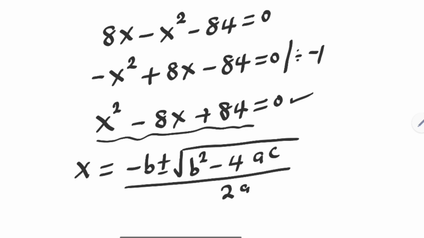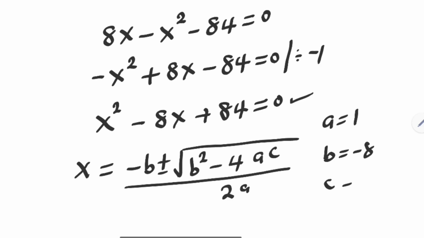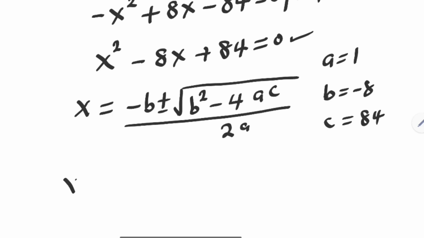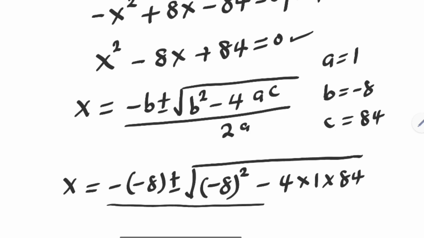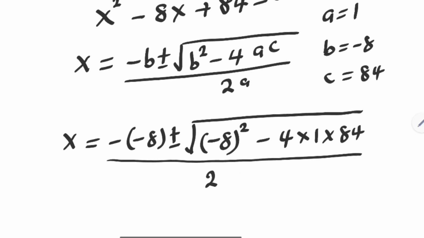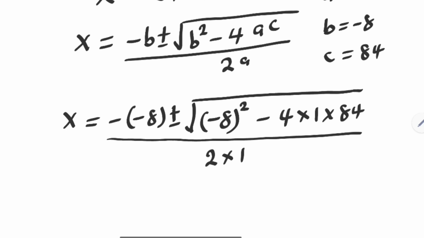From this equation, a is equal to 1, b is equal to minus 8, c is equal to 84. x is equal to minus bracket minus 8 plus or minus square root of minus 8 square minus 4 multiplied by 1, which is a, multiplied by 84, which is c, divided by 2 multiplied by 1, which is a.